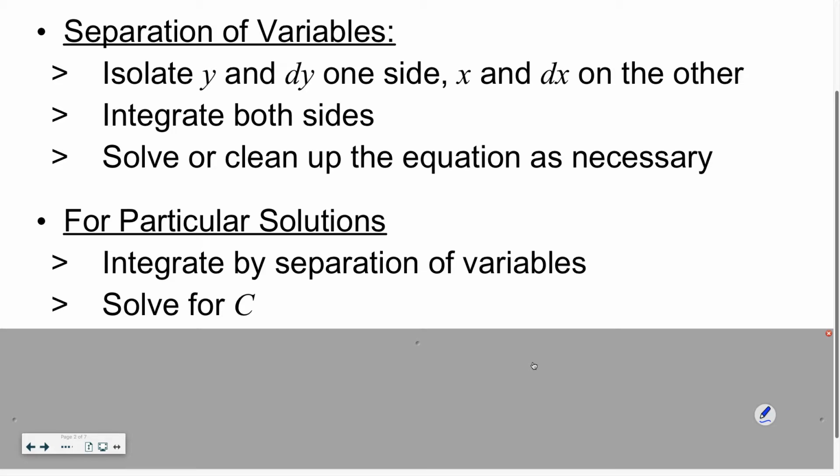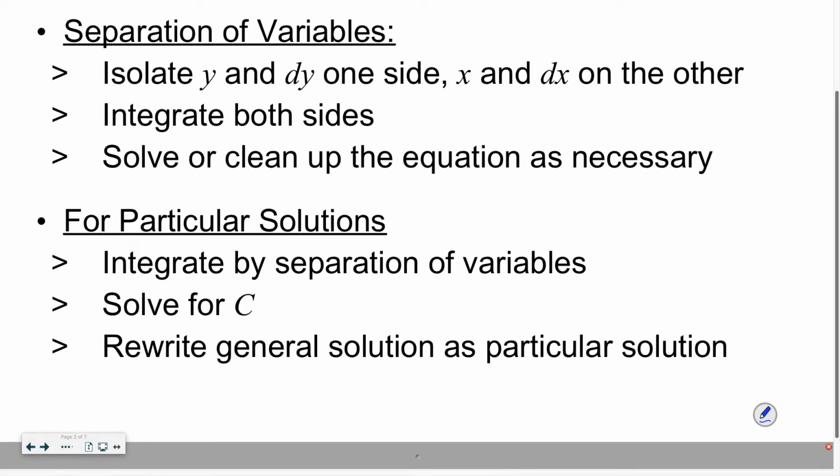And then, of course, rewrite it with that c in there. Instead of x squared plus 2x plus c, you would write x squared plus 2x plus 1, or whatever you found for your c value.